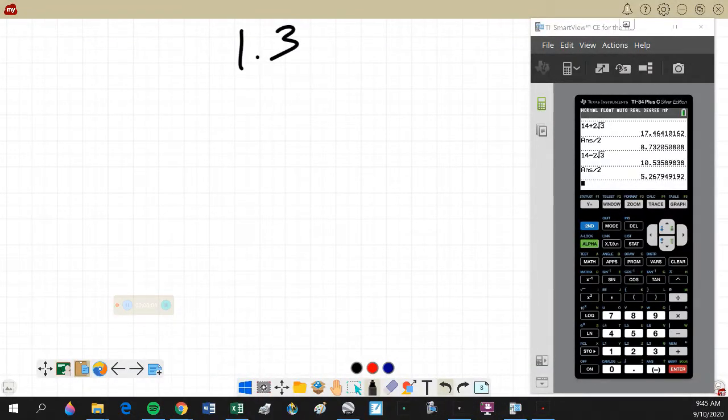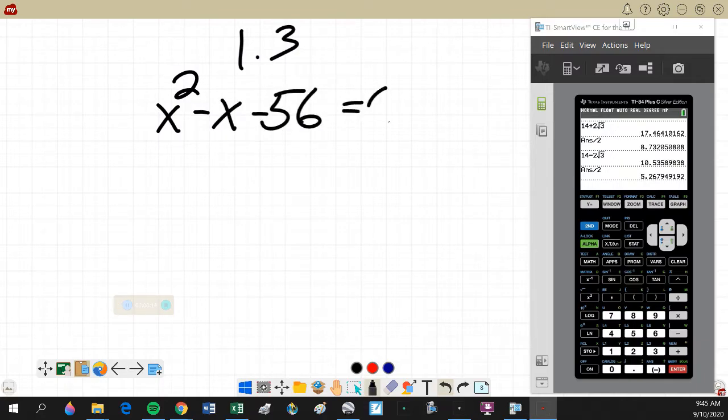1.3. If I had the quadratic equation x squared minus x minus 56 is equal to 0, and I was told solve, instead of just factoring, I want to find the values of x that make this true. So hopefully you can factor this without the box now.